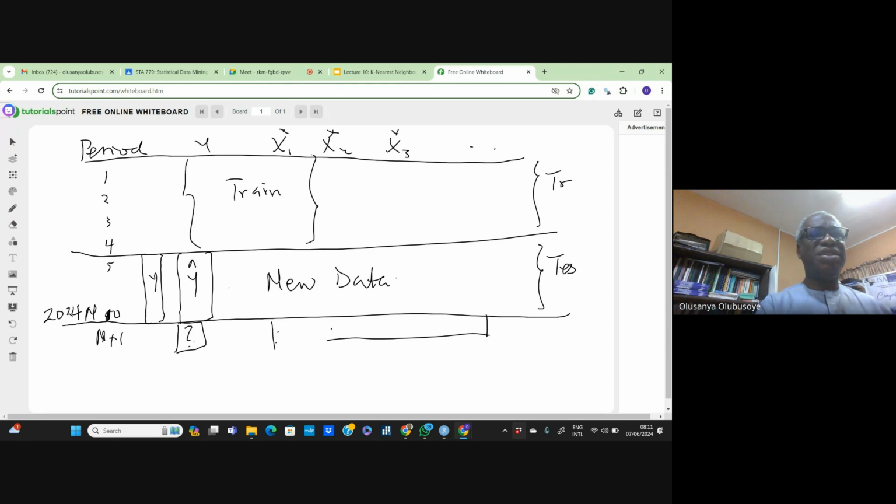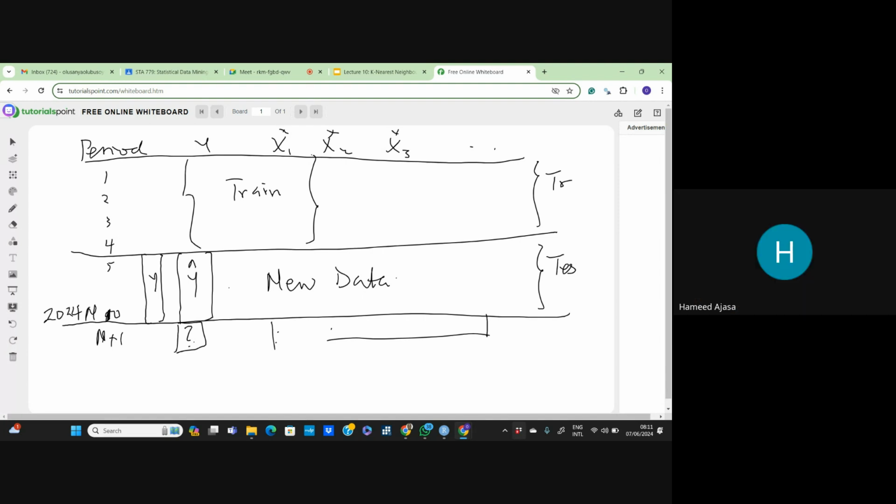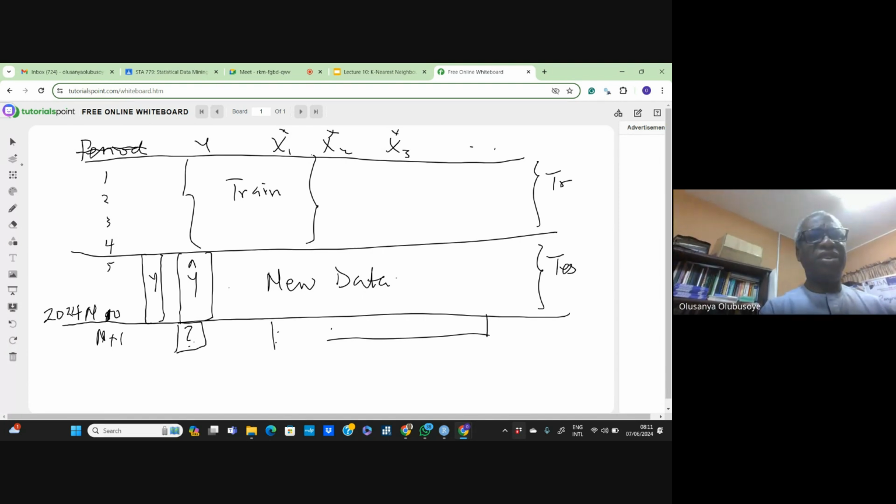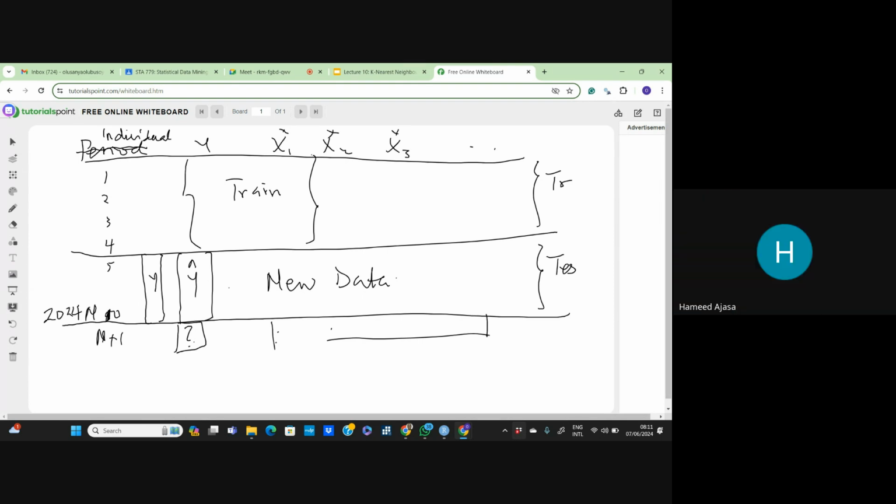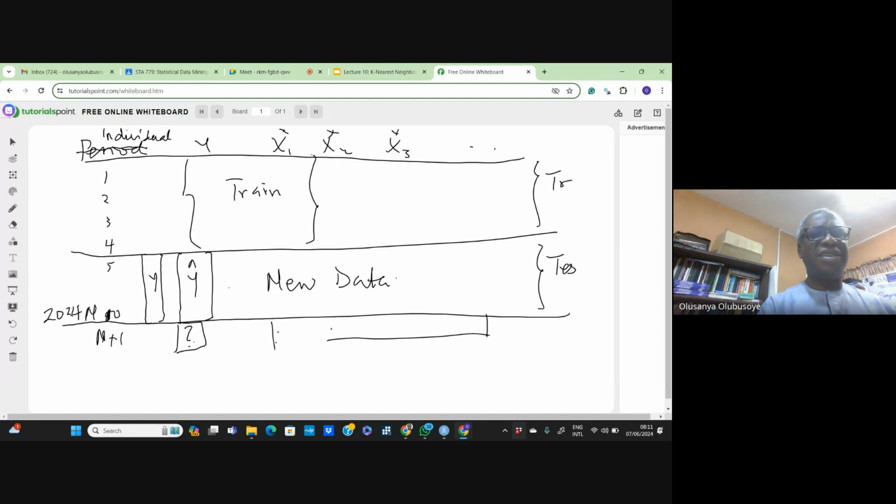Suppose the prediction we are interested in is classification. And this is not period, but individual. This is the first person in the class, the second person, the third person.